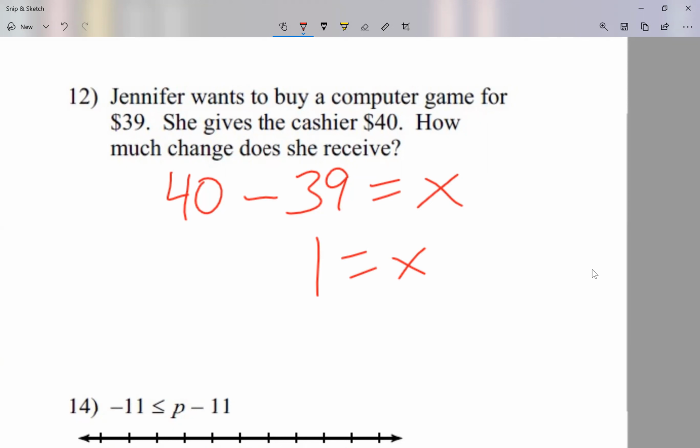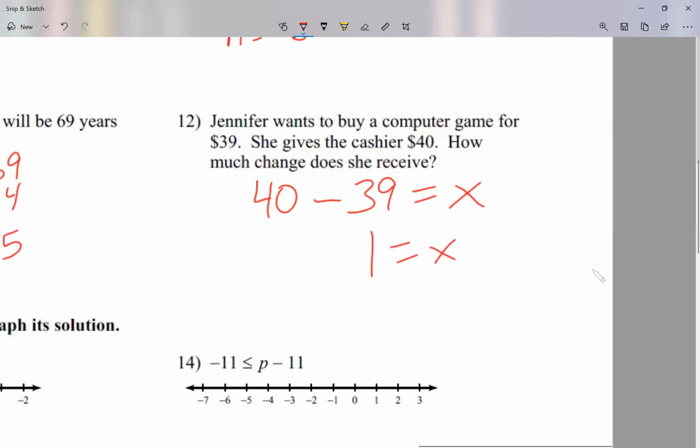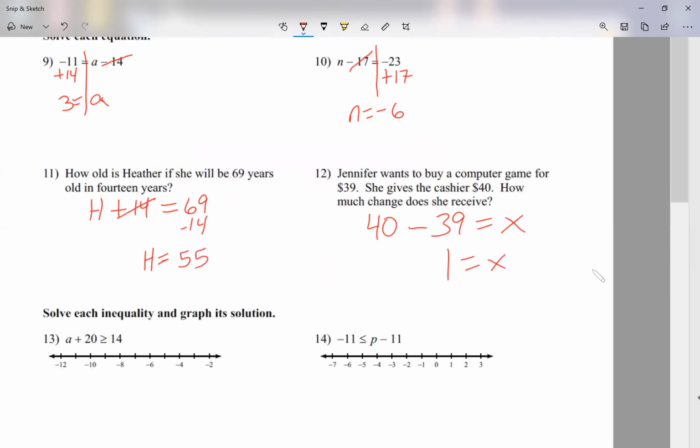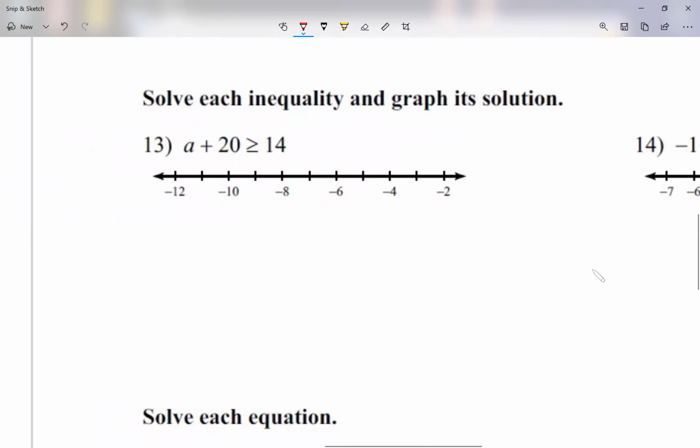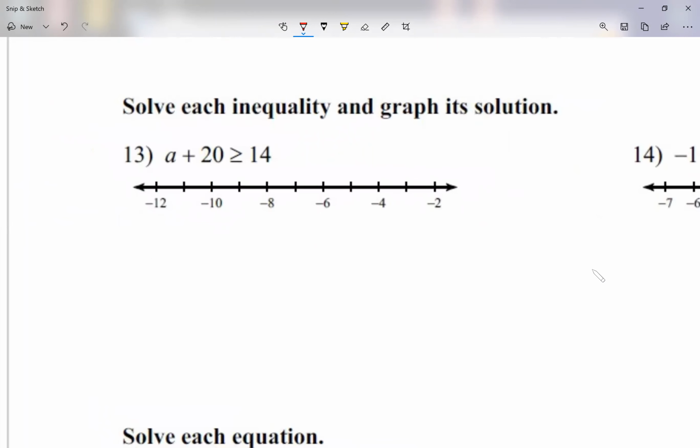So for equations when we have the equal sign, it doesn't matter if the letter's on the left or the right. For inequalities, we saw those yesterday, right? Greater than, less than signs, it does matter. The letter has to be on the left side. So I see my inequality sign is there. The letter has to be on the left, so that's good.